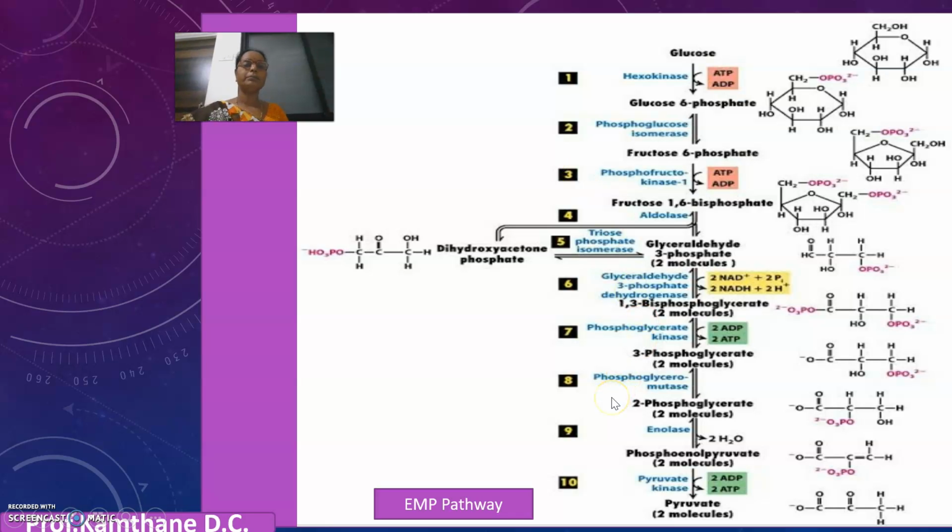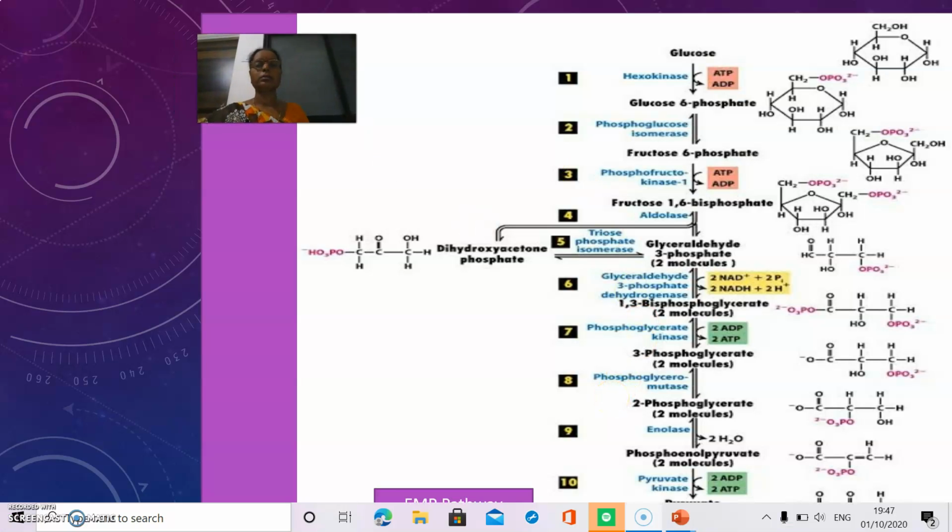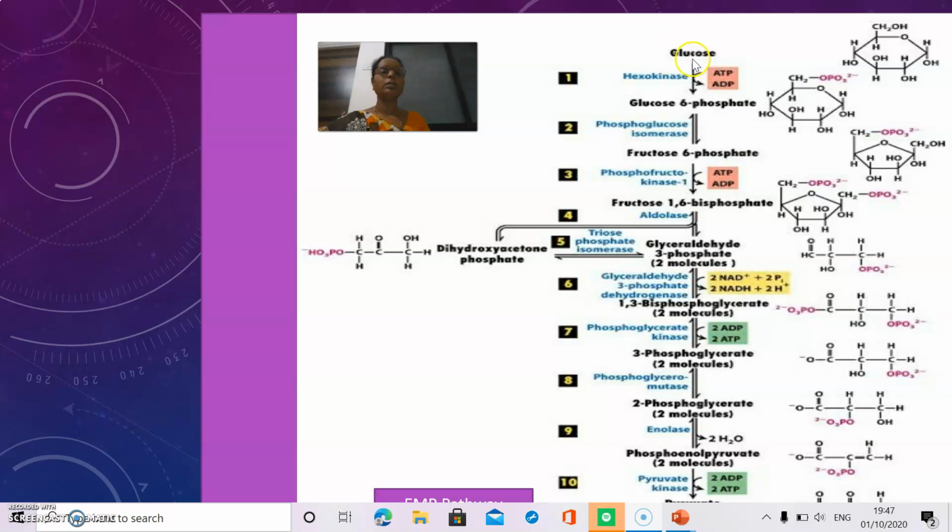This is the pathway. Here, the glucose forms glucose 6-phosphate, and 1 phosphate is taken from ATP, forming ADP. ATP is adenosine triphosphate, and ADP is adenosine diphosphate. Here, the phosphate is added at the 6th carbon position, therefore this is glucose 6-phosphate.